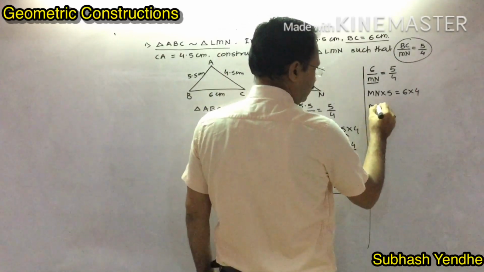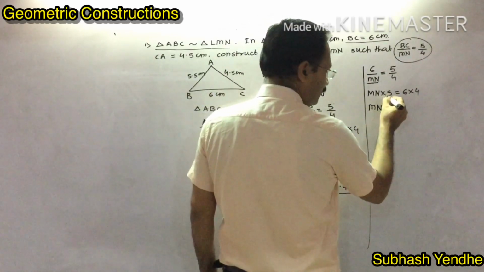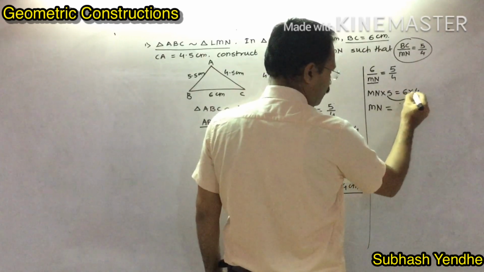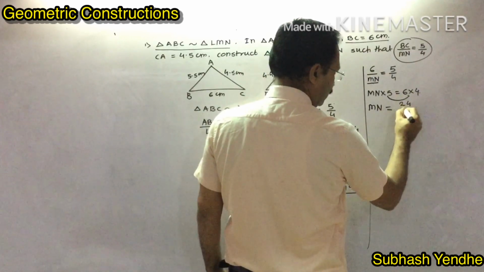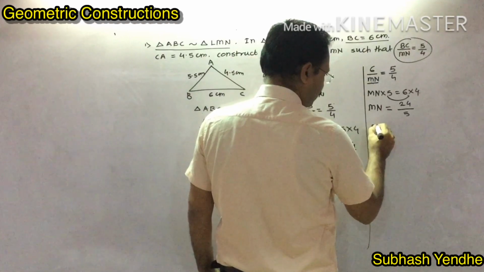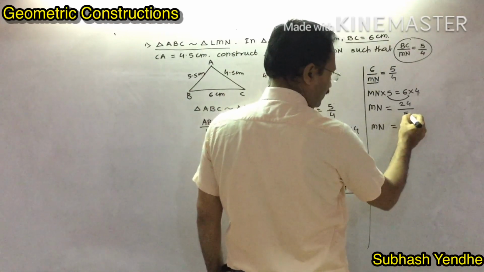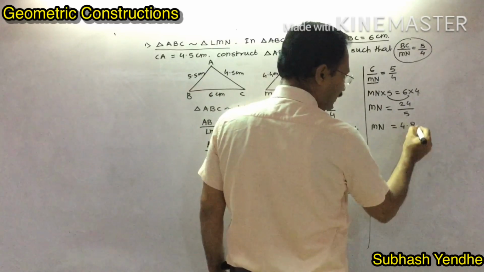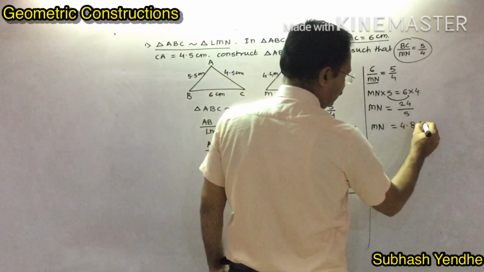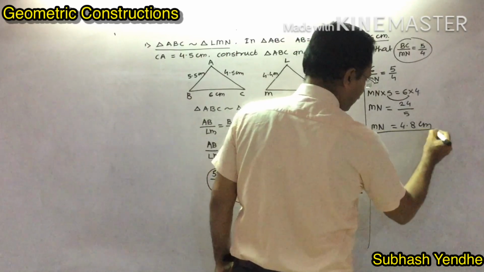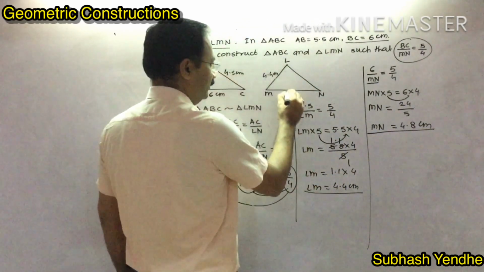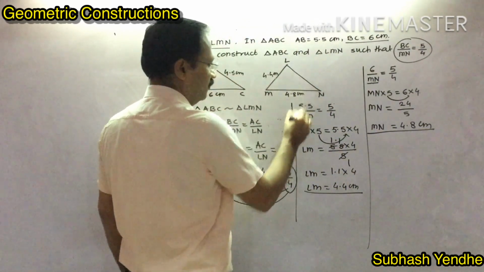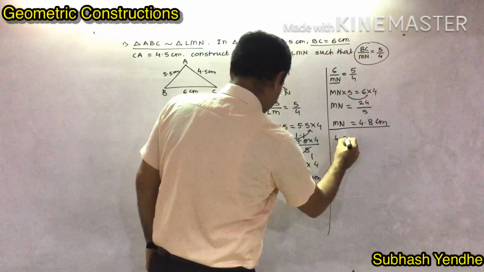So MN equals 6 fours are 24 upon 5. If you divide it by 5, 5 fours are 20 and 5 eights are 40, so you get the value of MN as 4.8 centimeter. Here I am going to write 4.8 centimeter.